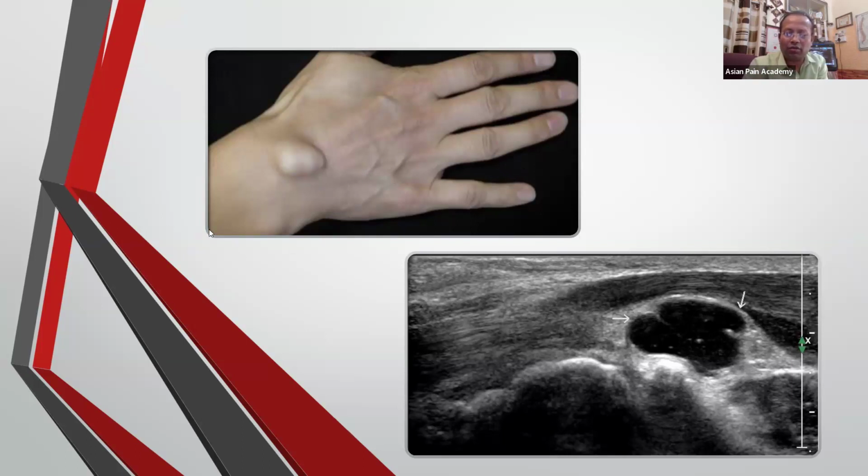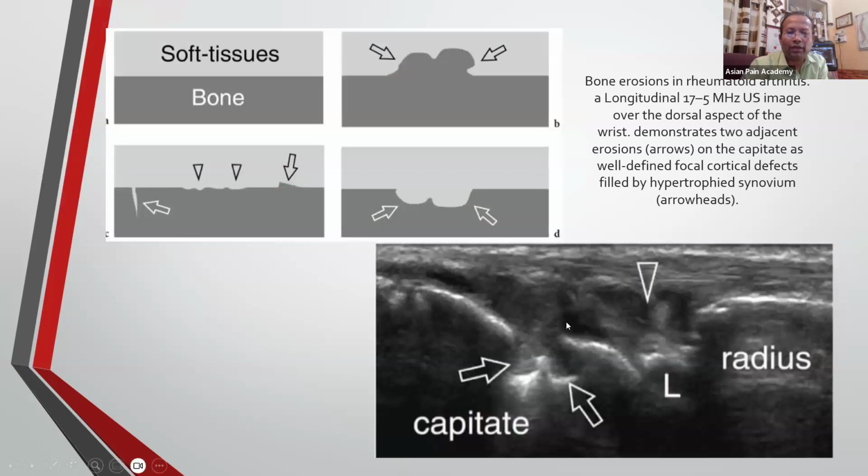Posterior side, the dorsal compartment, is the most important area where we find the ganglion. The scapholunate ligament area is the most important area for ganglion. When we see the bones, we try to see the margins of the bones.